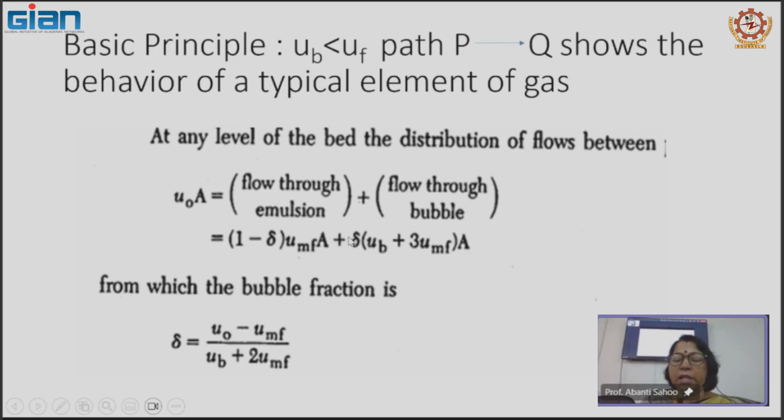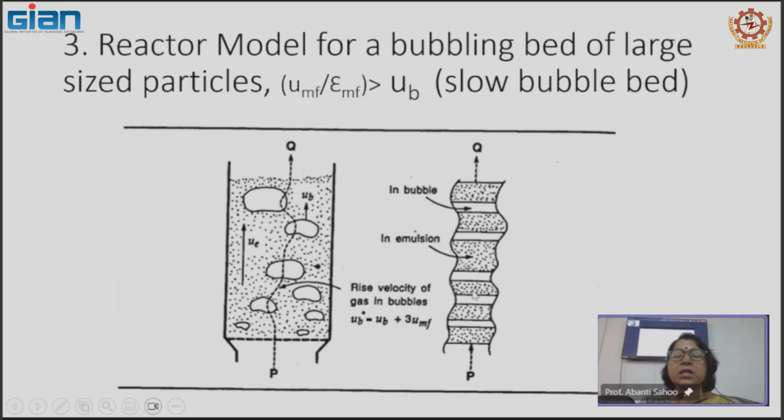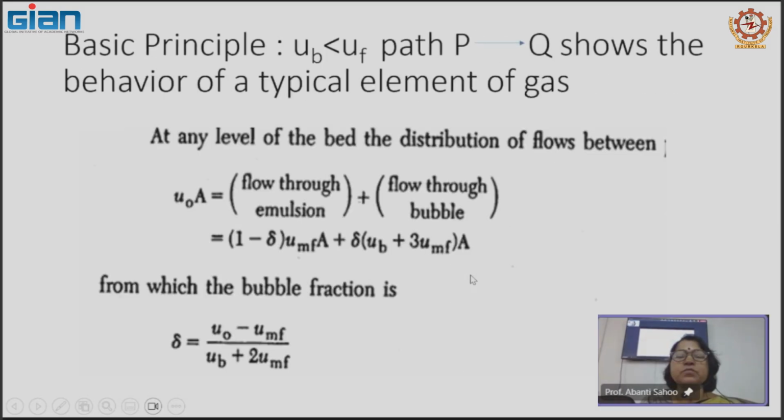How much gas is entering, that much is passing to the emulsion and also flowing through the bubble. At any time, the gaseous reactant is the summation of the elements in the emulsion phase and in the bubble phase, which is 1 minus delta into UMF into A plus delta into UB plus 3 UMF into A. Here delta is the bubble fraction, which is U0 minus UMF by UB plus 2 UMF.